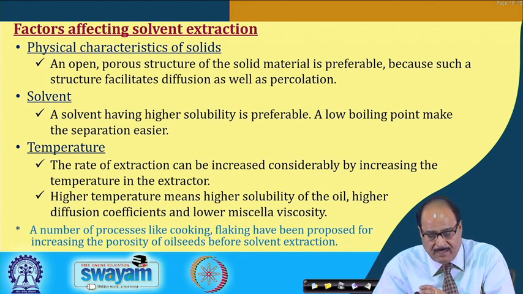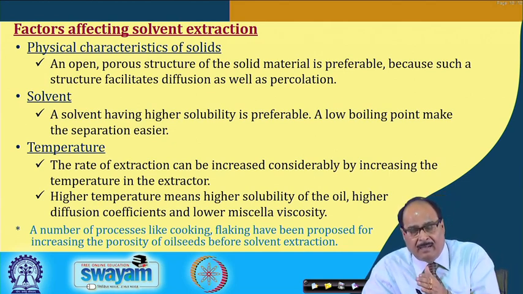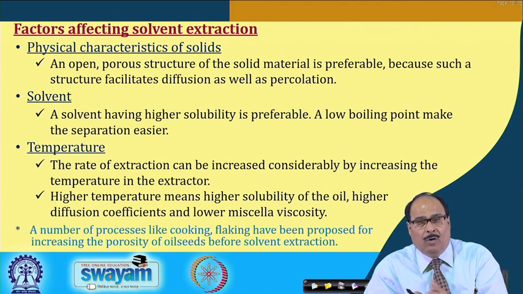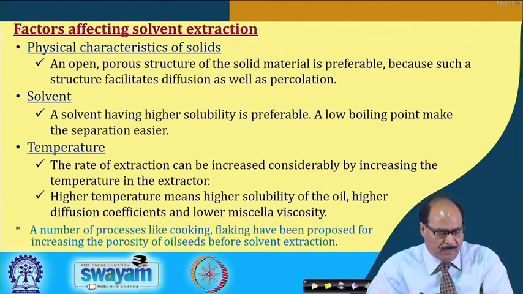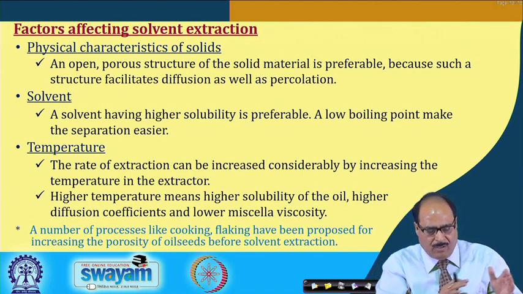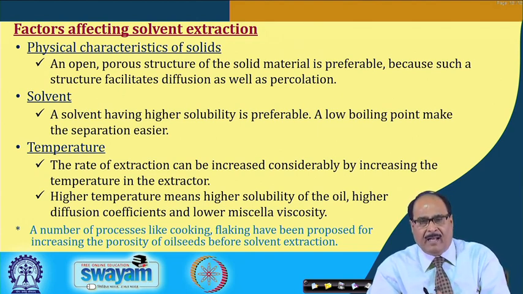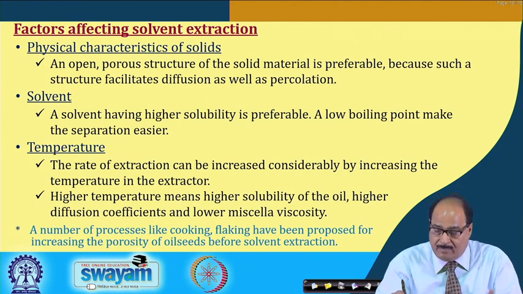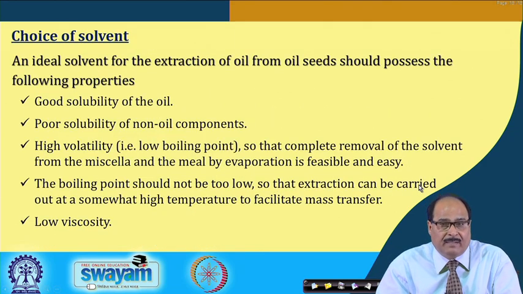Higher temperature means higher solubility of the oil, higher diffusion coefficient and lower micellar viscosity. In fact, a number of processes like cooking, flaking, etc. have been proposed for increasing the porosity of the oil seed before the solvent extraction, because that is a very important point.